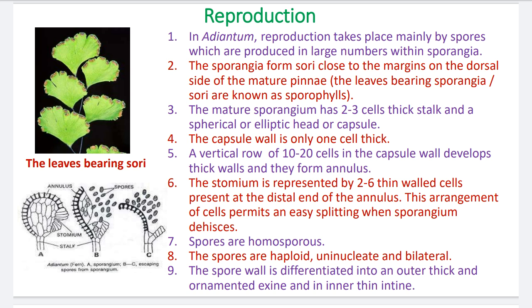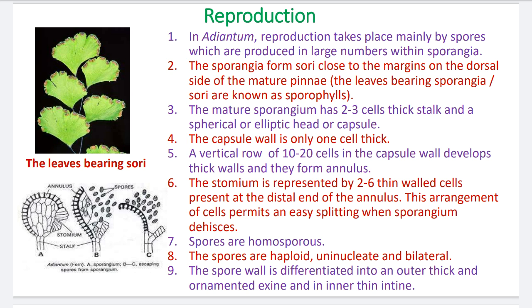Number 5. A vertical row of 10 to 20 cells in the capsule wall develops thick walls and they form the annulus. The sporangium wall contains vertically arranged 10 to 20 cells, and they form the annulus. You see in diagram B, the annulus is mentioned at the tip, and that annulus is nothing but the coating or wall of the sporangium.